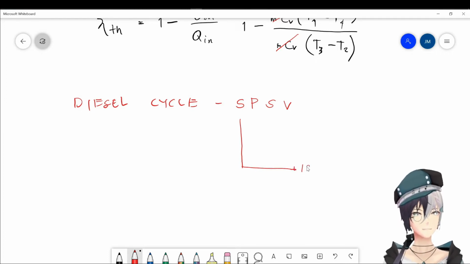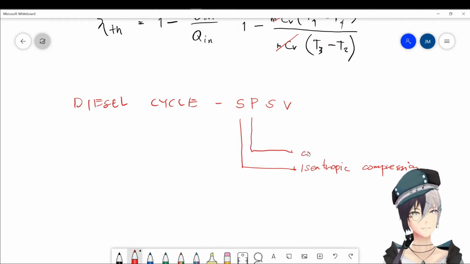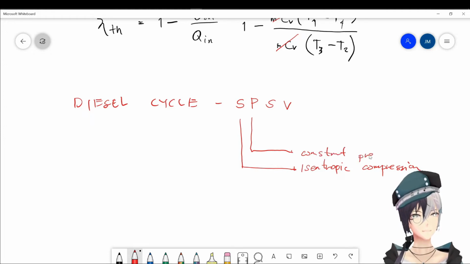So same thing. This is isentropic compression. So this is process 1 to 2. And then you have your constant pressure heat addition.